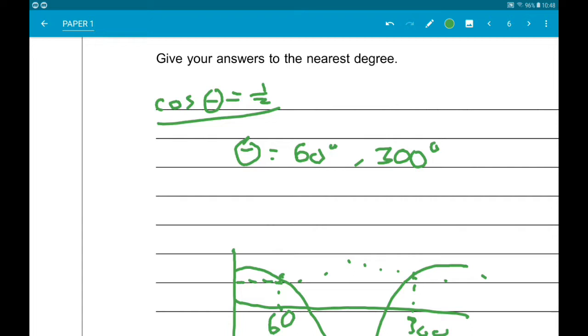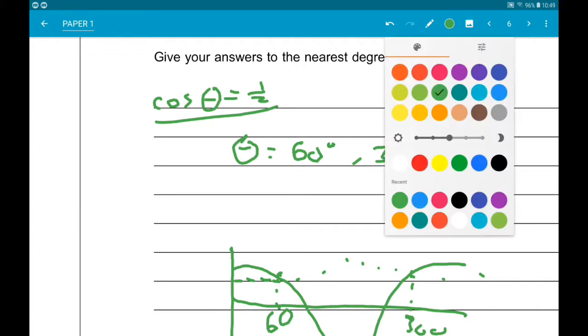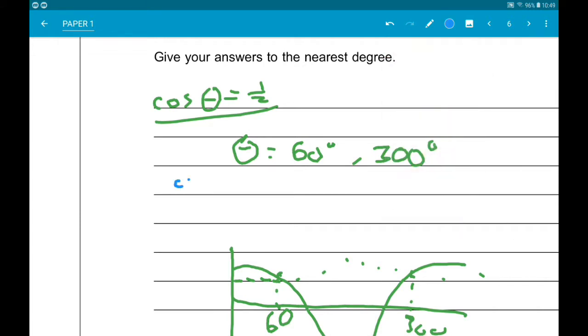Okay, and then we need to do cos of theta is equal to 1/3. So if we inverse cos 1/3, to the nearest degree we get 70.5, so that's 71 degrees.